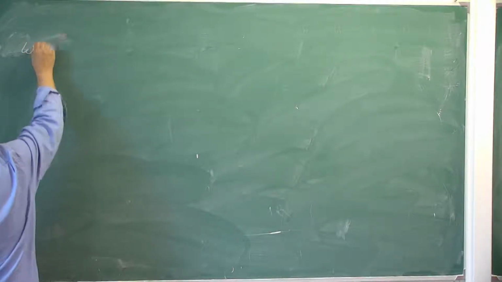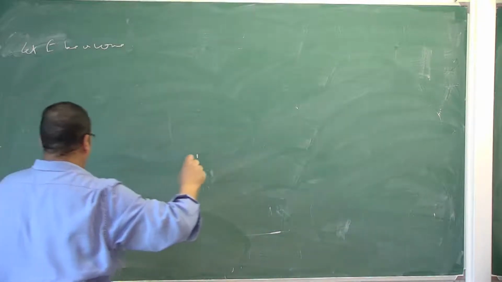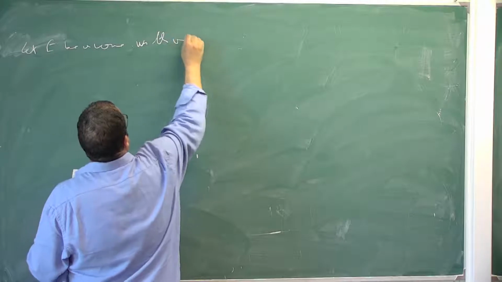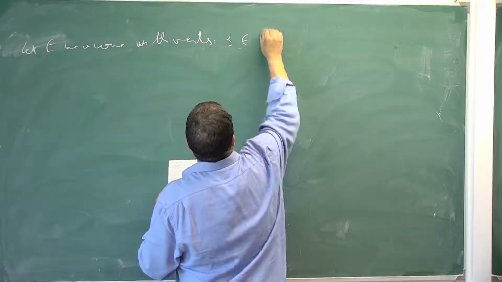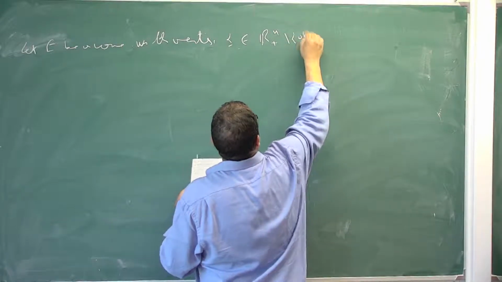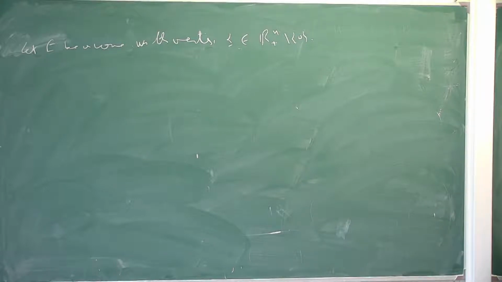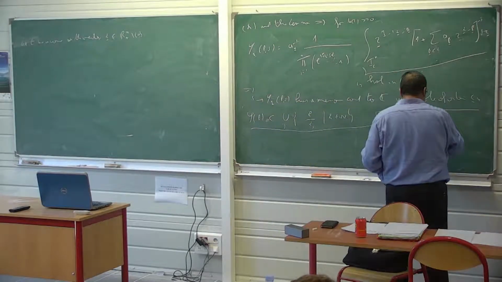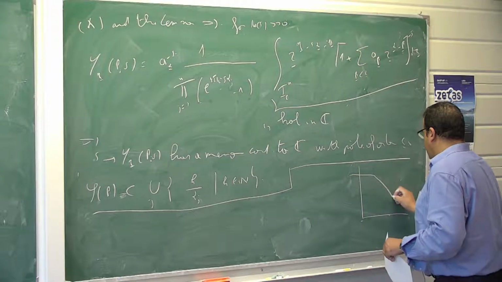Let E be a cone given by the formula with vertex alpha in R plus n minus 0. If you remember, I defined the Newton polyhedron at infinity of the polynomial P, and in dimension 2, it looked something like this, for example.